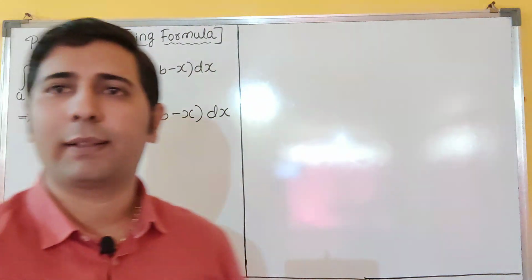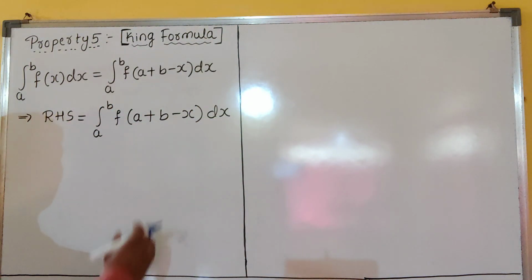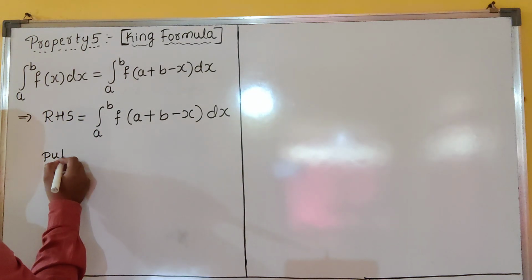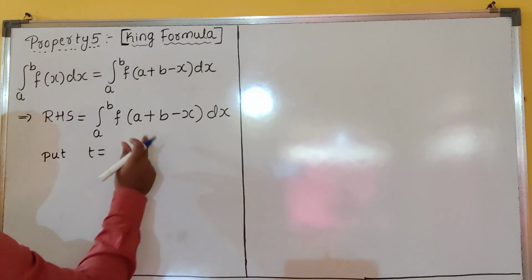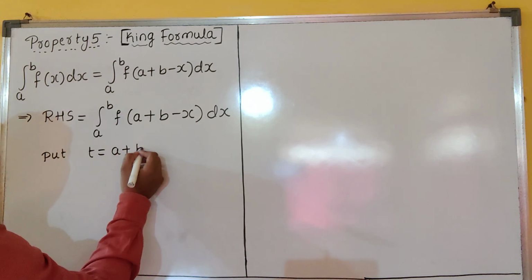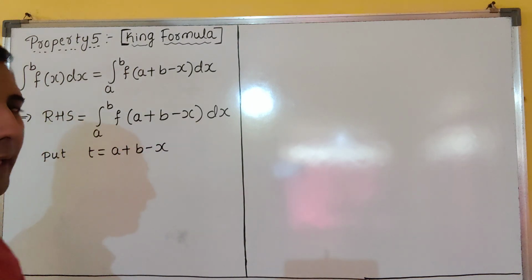This is your RHS we have considered. So now how to solve this one you see. We will put t is equal to a plus b minus x.